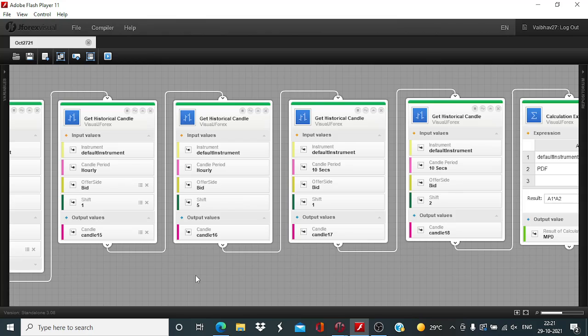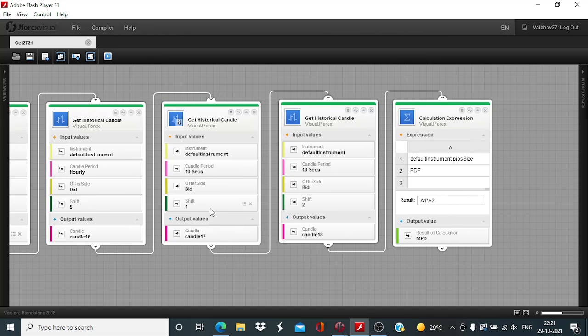On the bullish side if you are looking for the buy trade, and the momentum should be bearish if you are looking for the sell trade, we will be taking the help of this get historical candle of the hourly candle period. And then to pinpoint the entry point, these 10-second candles will help. And here this condition of the 20 pips has been added, so this calculation was done.